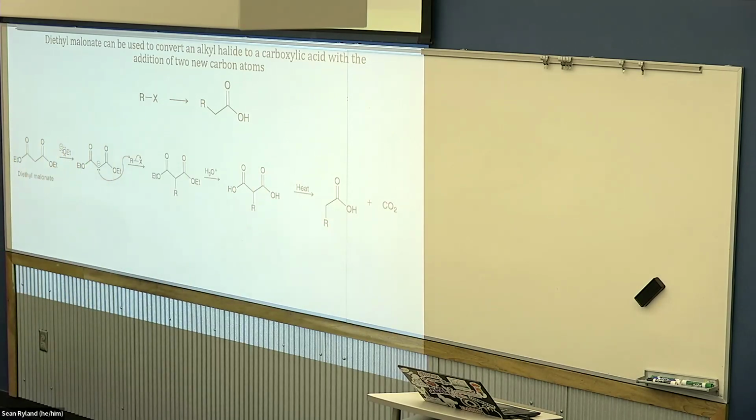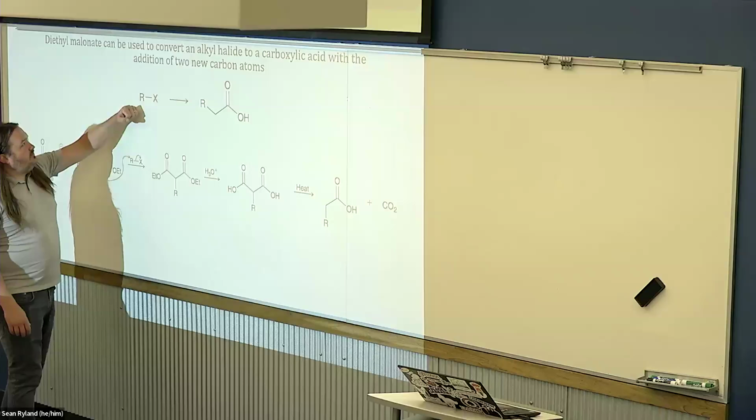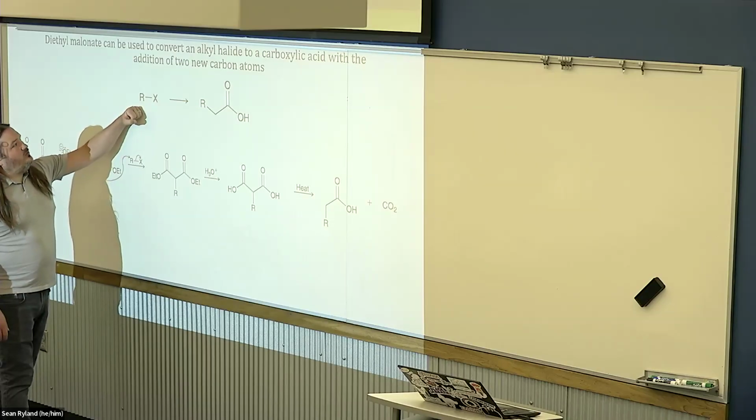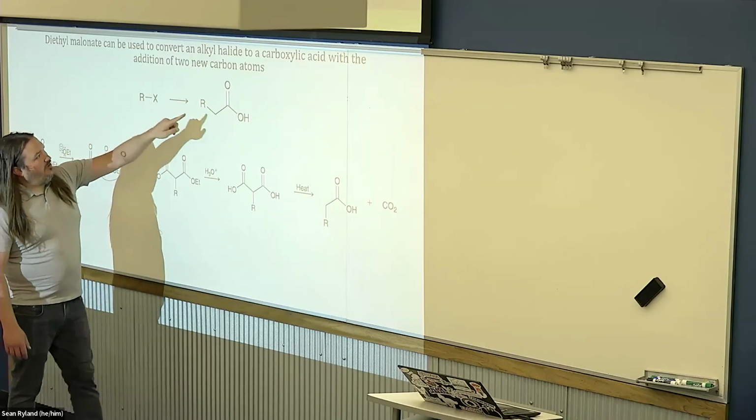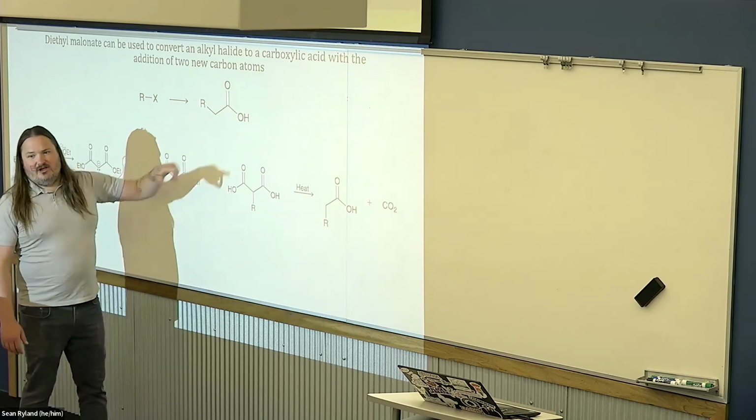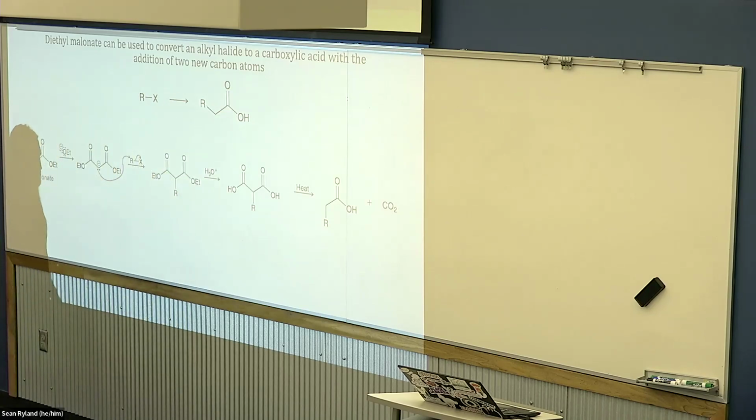And this also winds up being pretty useful. The net reaction here, as long as we have an alkyl halide, we can replace the halide with two carbons, one of which is gonna be a carboxylic acid. So it's a way to add two carbons to an alkyl halide.